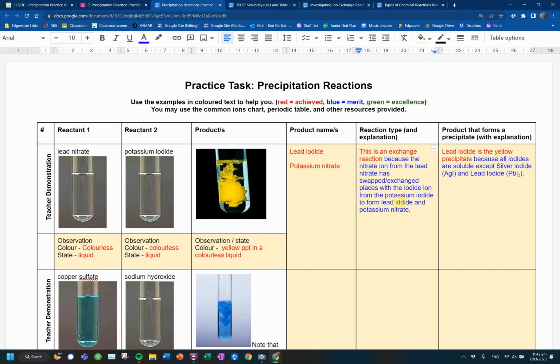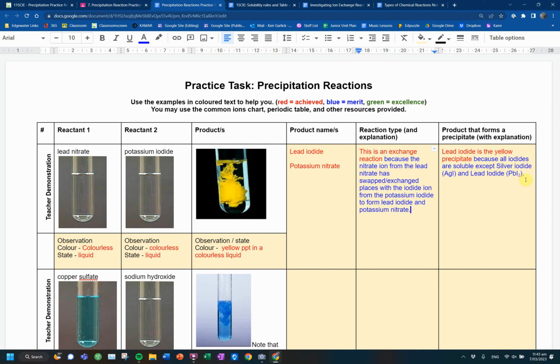And this forms lead iodide and potassium nitrate. So we flipped it around. You could also talk about it as the cations being swapped over. You can say it's an exchange reaction because the lead ion in the lead nitrate has replaced the potassium in the potassium iodide, forming potassium nitrate and lead iodide. You're basically just writing a written explanation to what you did.